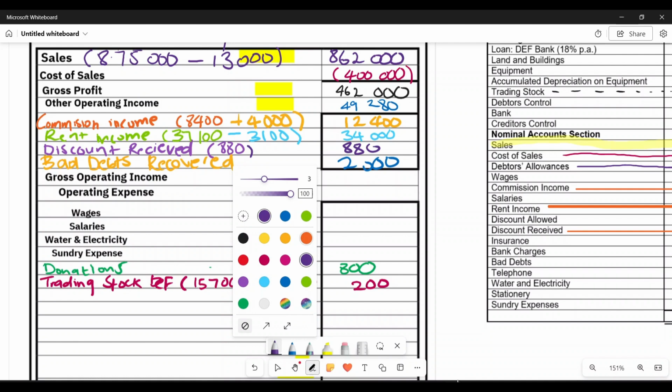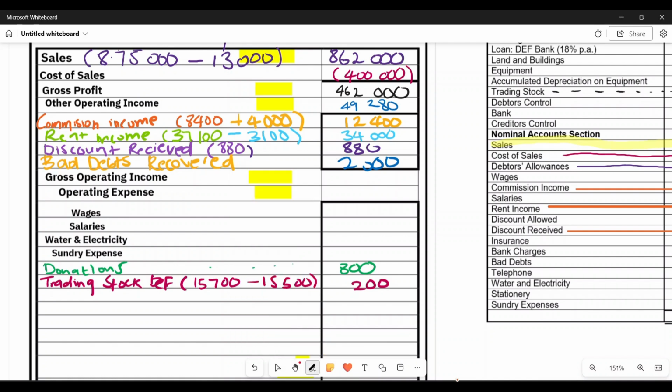To find my gross operating income, I would need to add my gross profit with my other operating income. So basically, I would need to take 462,000 and add it to the 49,280. And if I do so, punching that into my calculator, my gross operating income should be equals to 511,280.